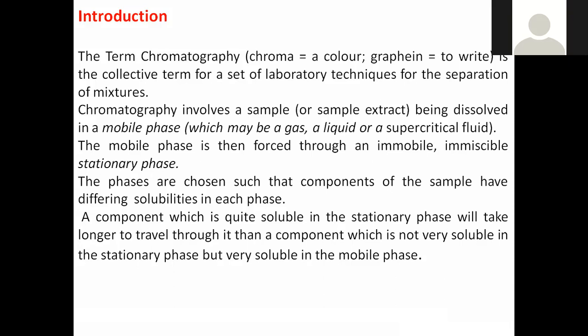The medium may be gas or liquid or supercritical fluid. In gas chromatography, usually the medium is gas, inert gas. In case of liquid chromatography, liquid is the mobile phase. And in case of supercritical fluid chromatography, the mobile phase is supercritical fluid.